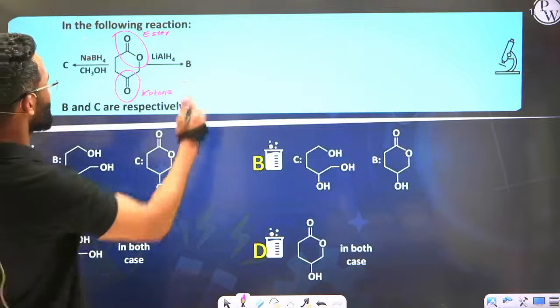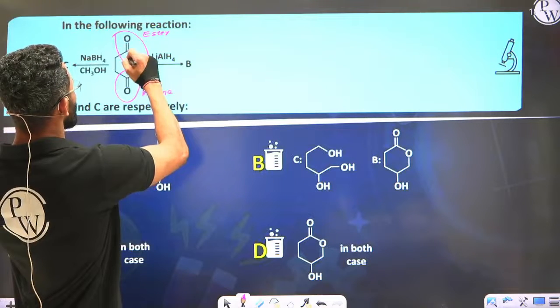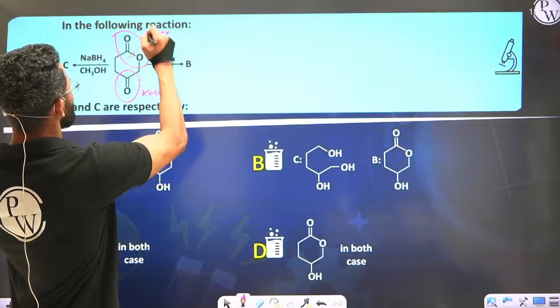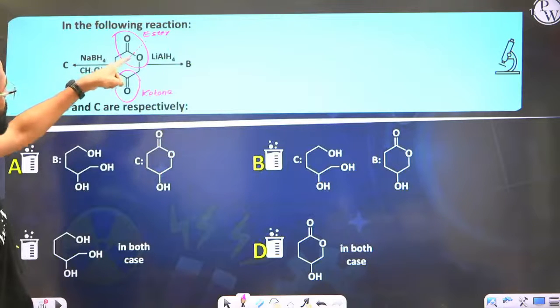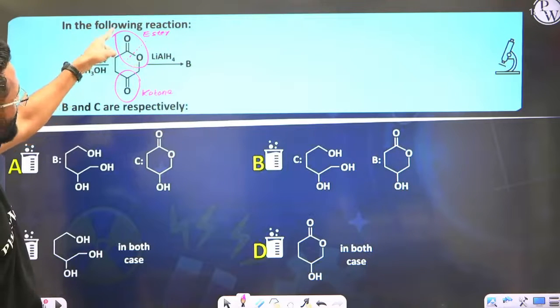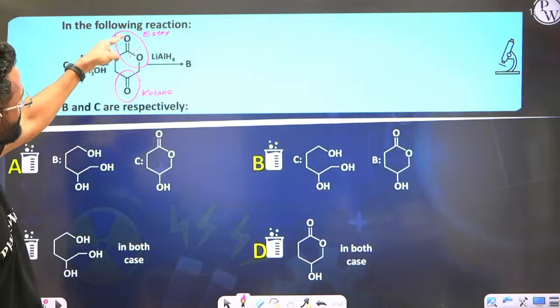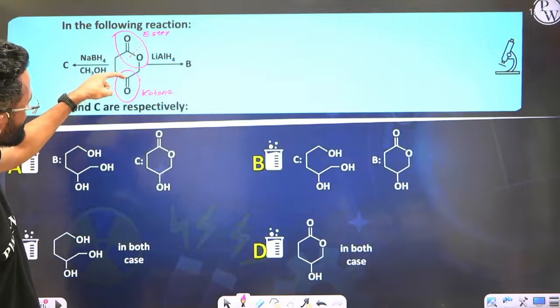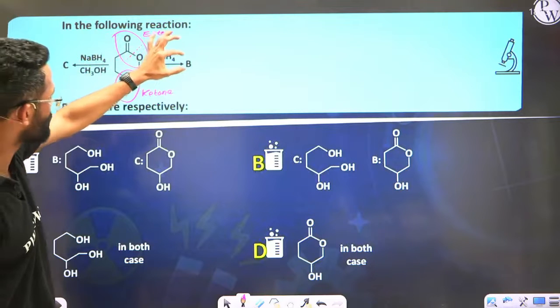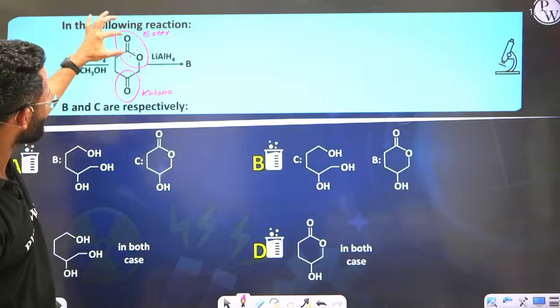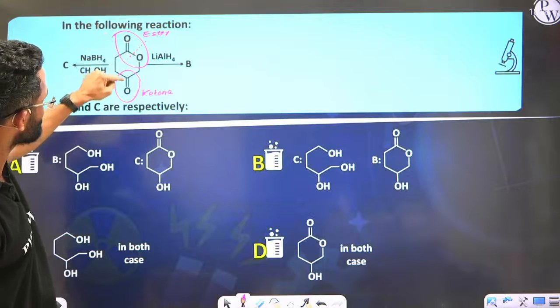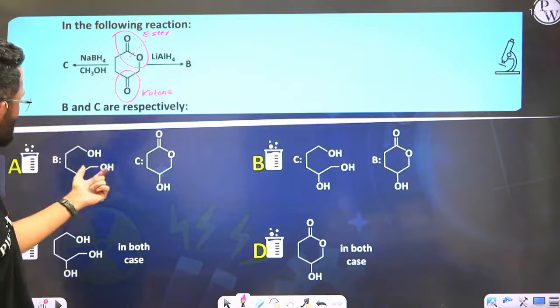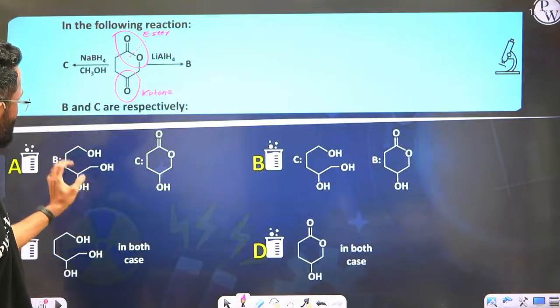In an ester, when you get the product, what I've told you, you simply have to break the carbon-oxygen bond. So this part will also form an alcohol. This will be CH2OH, this is also CH2OH, and this is going to be a secondary alcohol because this is a ketone. So the B which we are going to get will be CH2OH, CH2OH, CHOH. Can you see that? So this B is perfect.